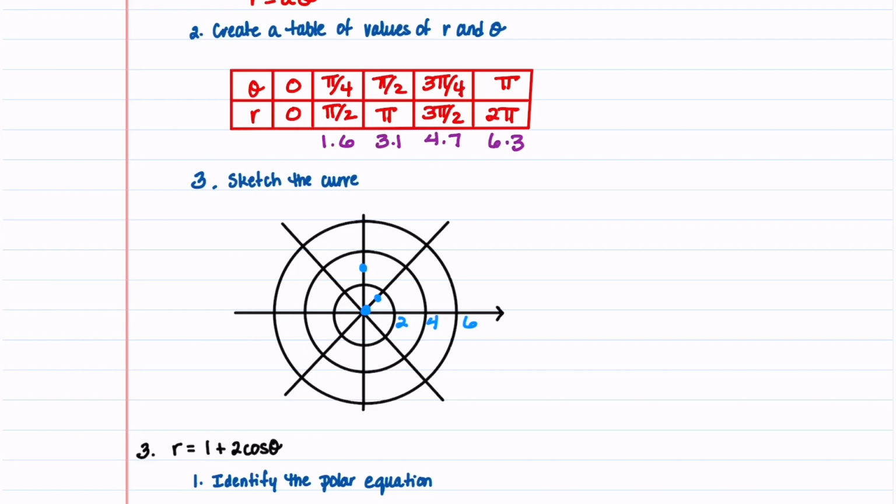When theta is 3 pi over 4, we're up to 4.7. And then when theta is equal to pi, we're up to 6.3. Let's now trace our curve, which looks like a spiral.